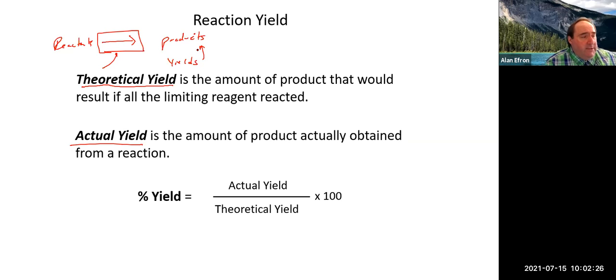So the actual yield is how much you actually produce when you did the experiment. The good news is, in a book type problem, this is usually given to you right there in the problem. Obviously, if you're doing the experiment, you would physically measure that amount.